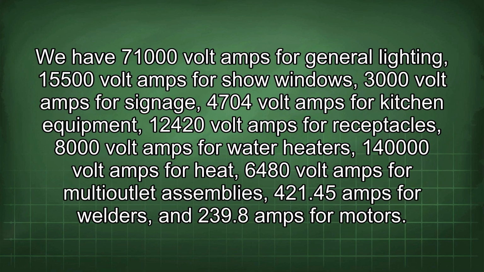Finally, let's sum all the loads. We have 71,000 volt amps for general lighting, 15,500 volt amps for show windows, 3,000 volt amps for signage, 4,704 volt amps for kitchen equipment, 12,420 volt amps for receptacles, 8,000 volt amps for water heaters, 140,000 volt amps for heat, 6,480 volt amps for multi-outlet assemblies, 421.45 amps for welders, and 239.8 amps for motors.